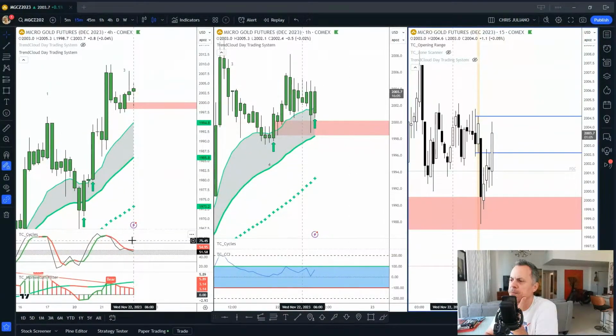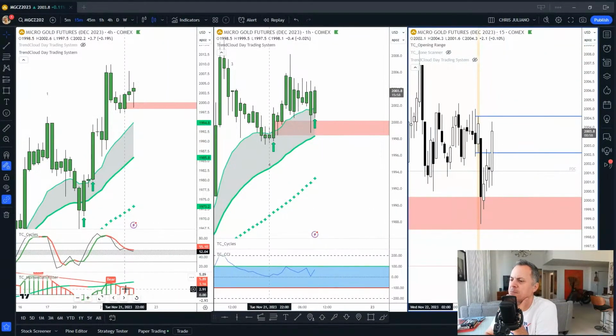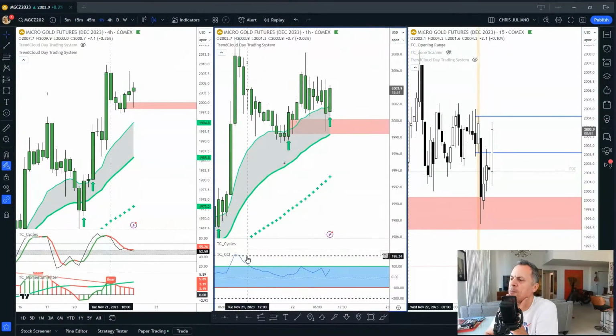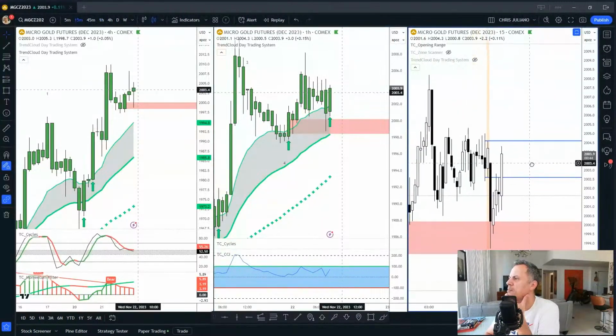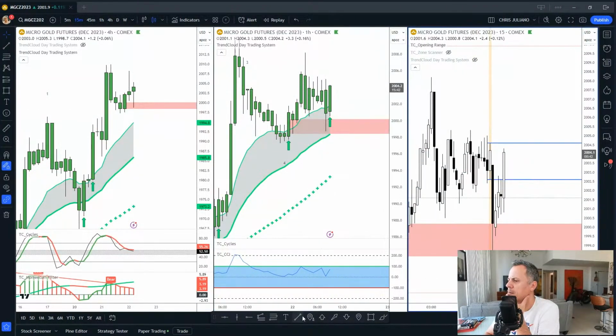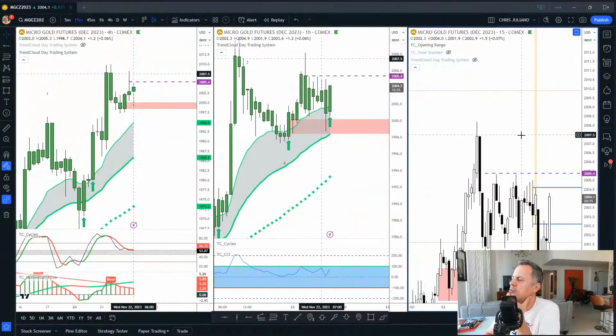Now momentum is cycling down here on the high time frame, right? Cycling down, momentum is down in an uptrend. We don't like that, but we've got trend and momentum on our side on the middle time frame. So I think if we break through some structure here, if we break through all of this, then we've got a good chance of breaking through this, right?